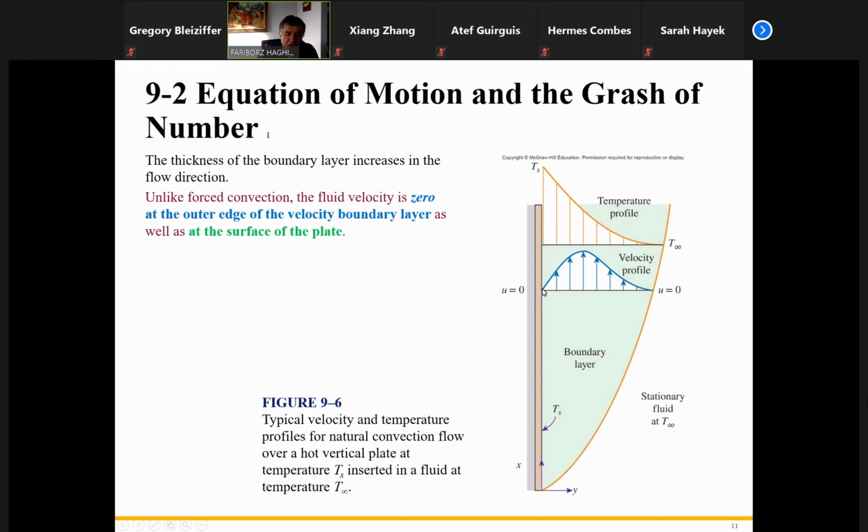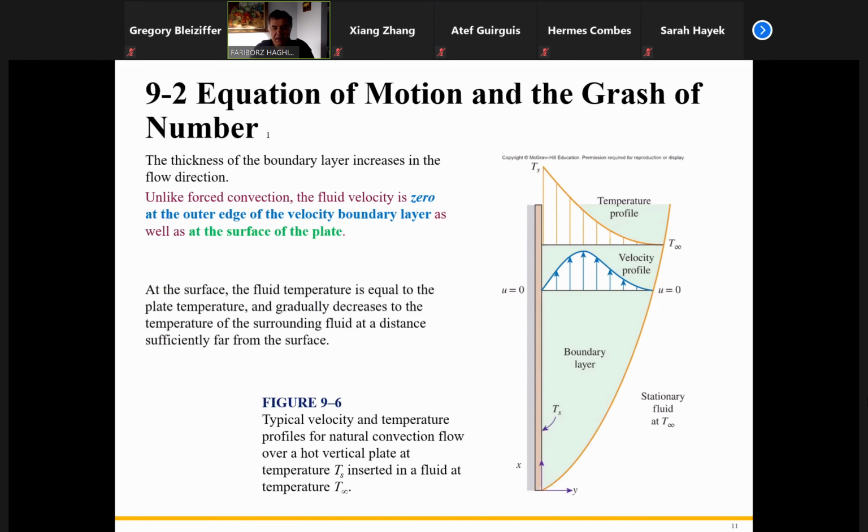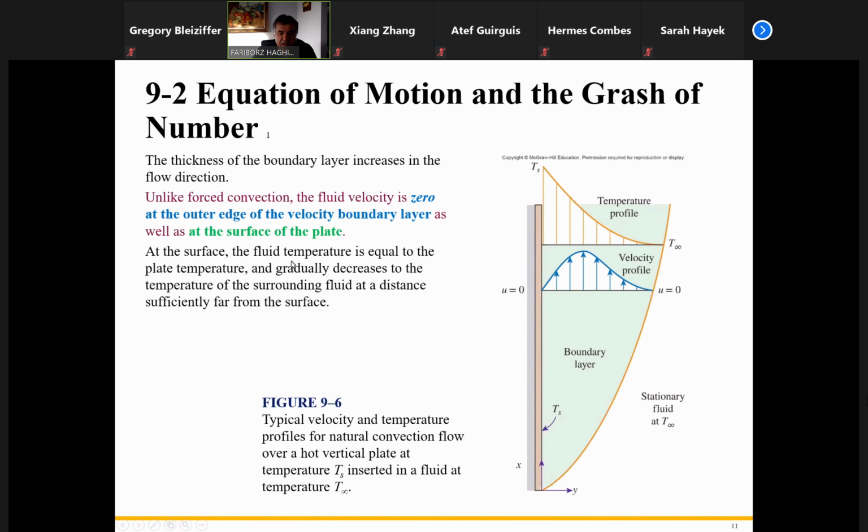Here, because of viscosity phenomena, and here, because there is no temperature difference between the air at this layer, the temperature difference is 0. At the surface, the fluid temperature is equal to the plate temperature. Here is Ts, and it gradually decreases to the temperature of the surrounding air.